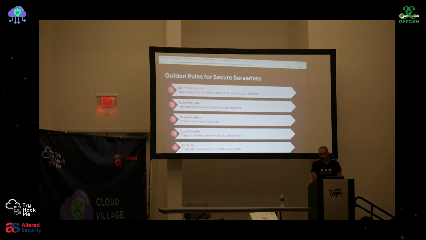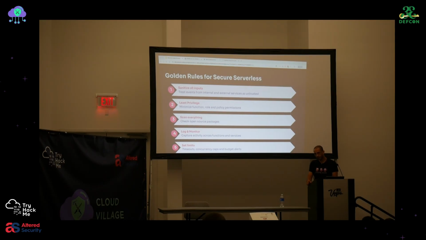So basically, I think you can see here an important pattern. If we can summarize the golden rules for building a secure serverless application, then we're talking about sanitizing the events. We cannot just pull events and then do something with them. We need to make sure that they are safe and sanitized.